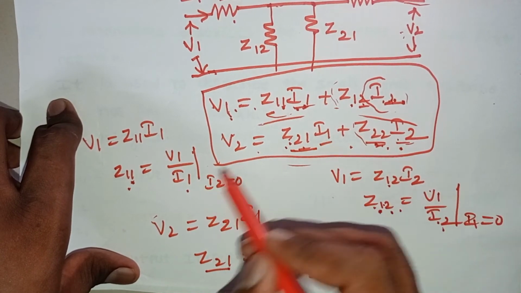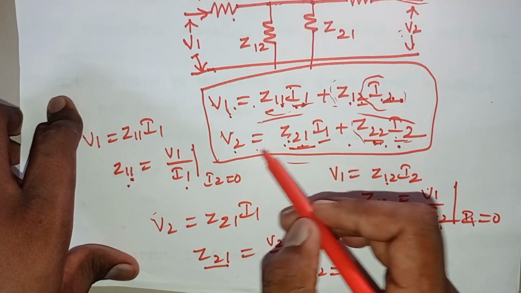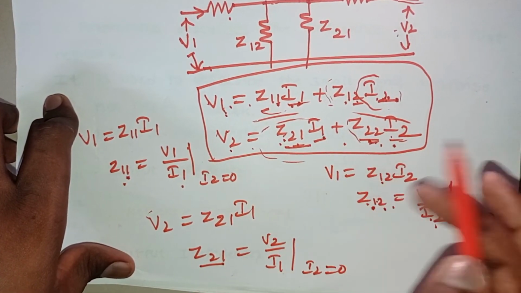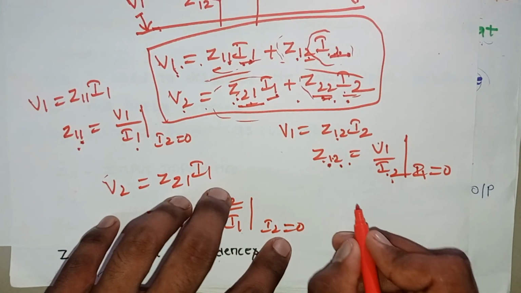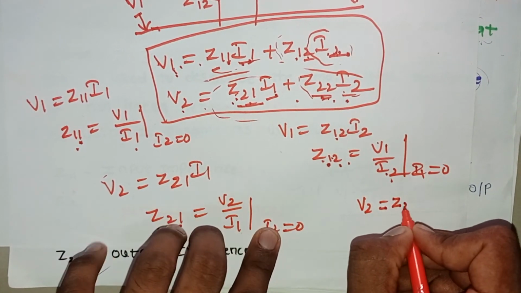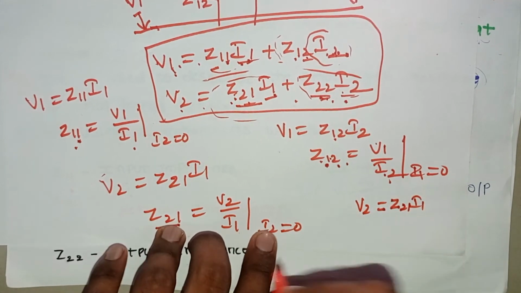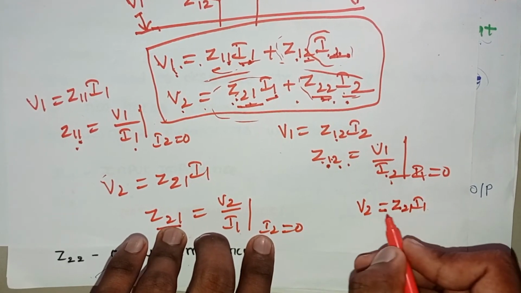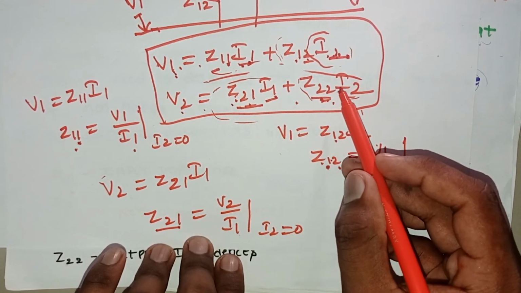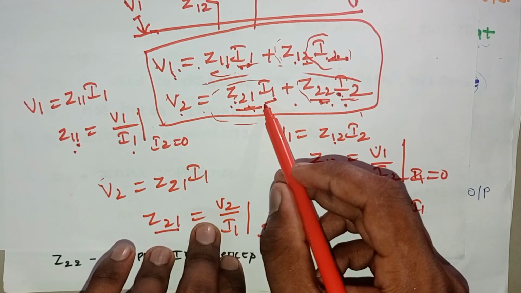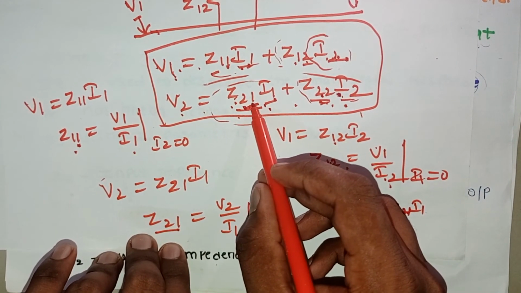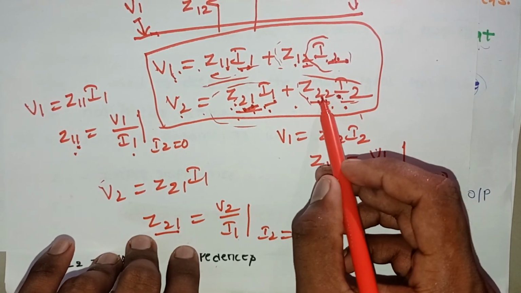Now assume I1 equal to 0 in the V2 equation. I1 equal to 0 means the complete term will become 0. Sorry, we already got the value of Z21, so we no longer need it. Now we need to calculate the value of Z22.